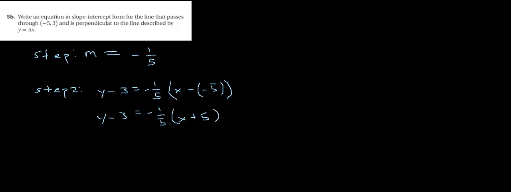From here, I'm going to take -1/5 and distribute it into x and positive 5.